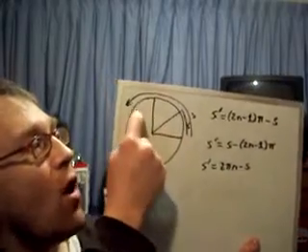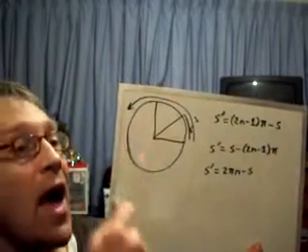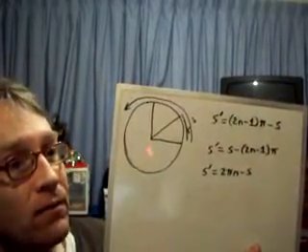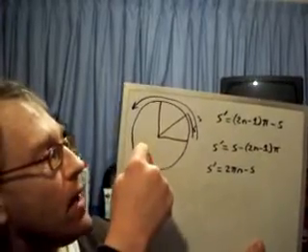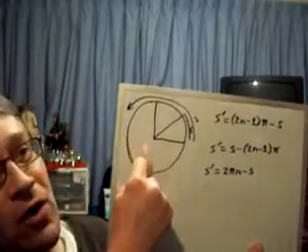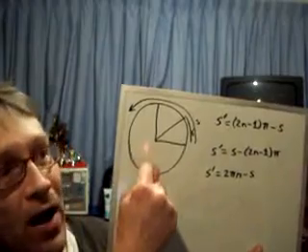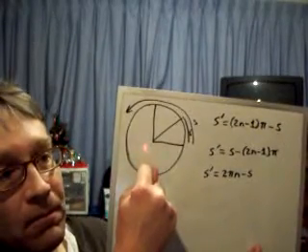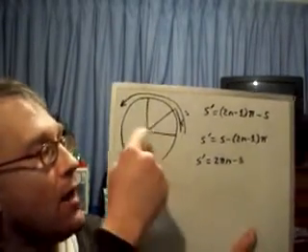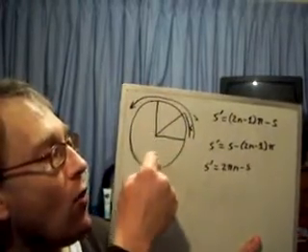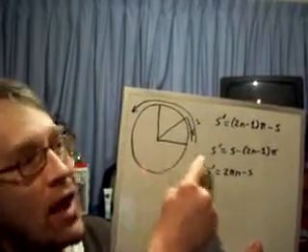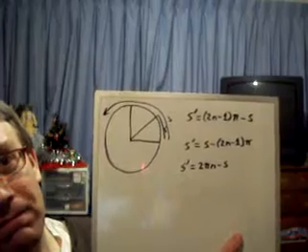Quadrant 2 means that all y values are positive, but the x values are negative. Quadrant 3 means that all the y values are negative, and so are all the x values. And Quadrant 4 means that all the y values are negative, but all the x values are positive.